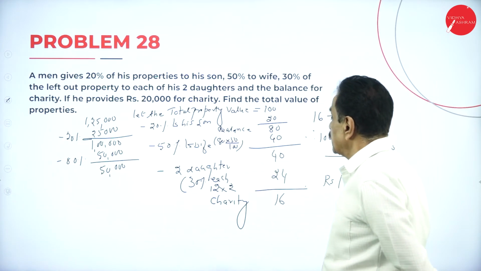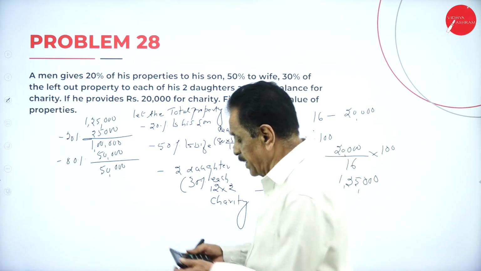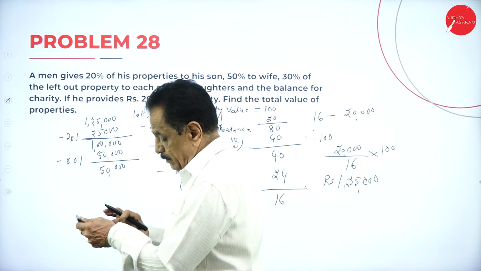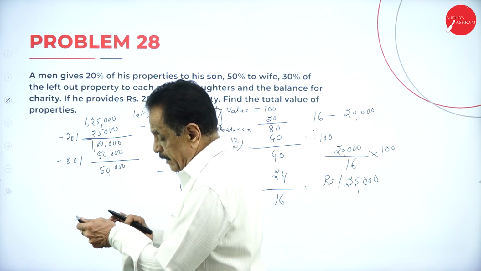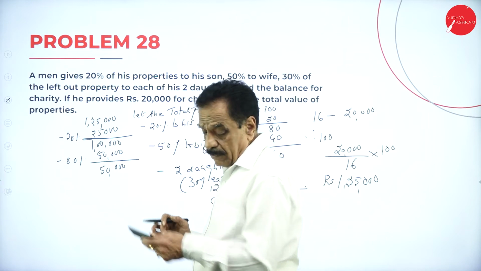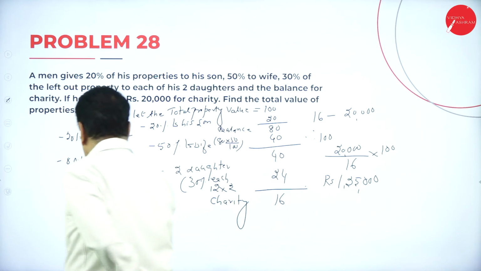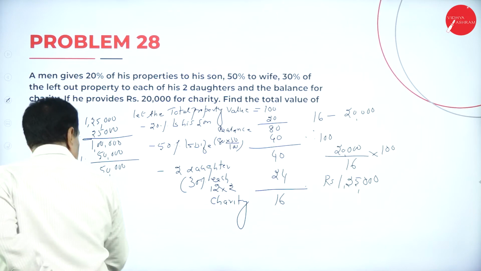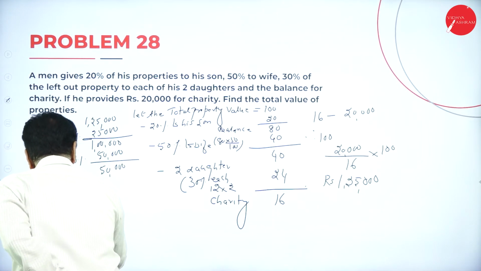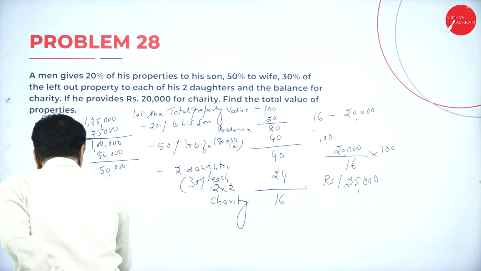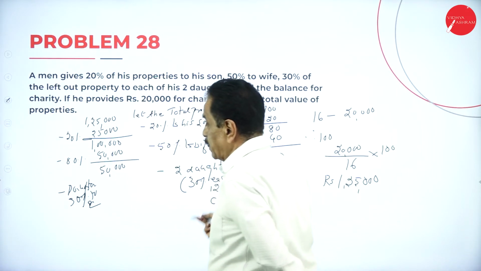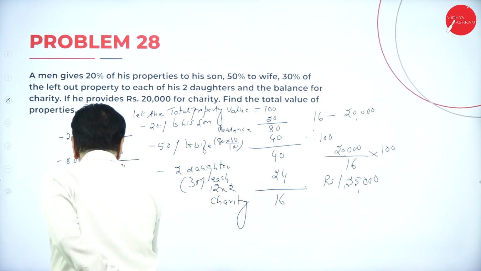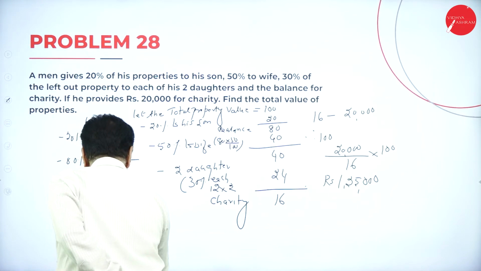For 2 daughters, 30% of 50,000, into 30 divided by 100, is 15,000 each. For 2, 15 into 2 is 30,000. Leftover is 20,000.